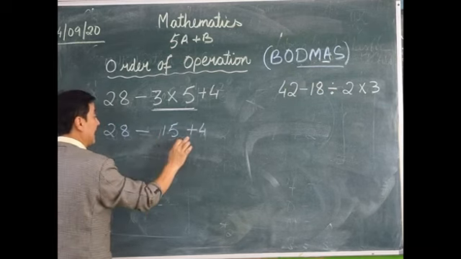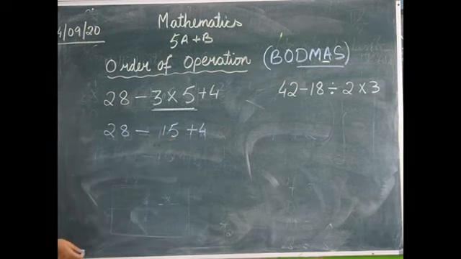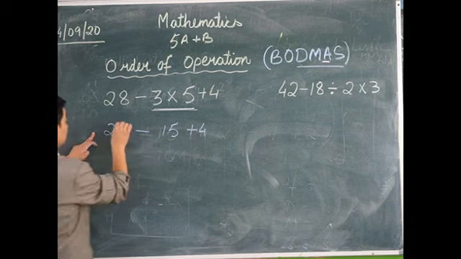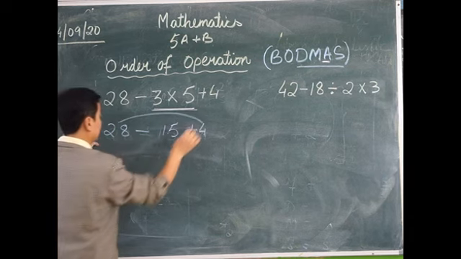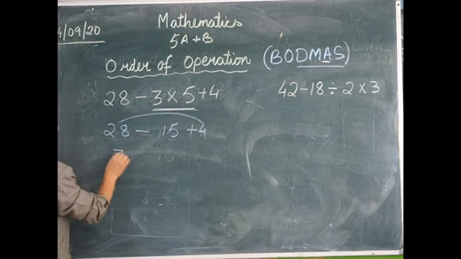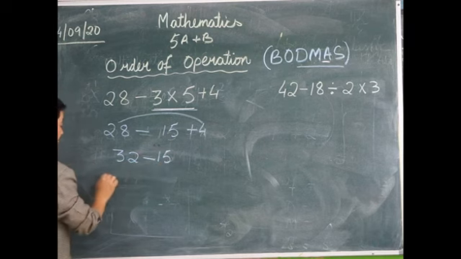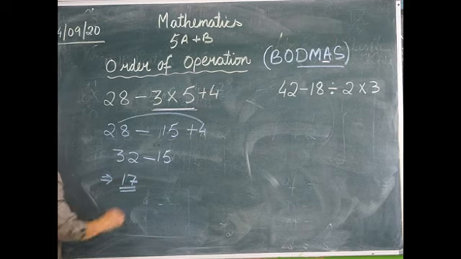You can never add minus and plus. It has to be subtracted. So this is plus, this is plus. You can draw an arrow telling you that these two must be added. 28 plus 4, 32 minus 15, and you get your answer 17.